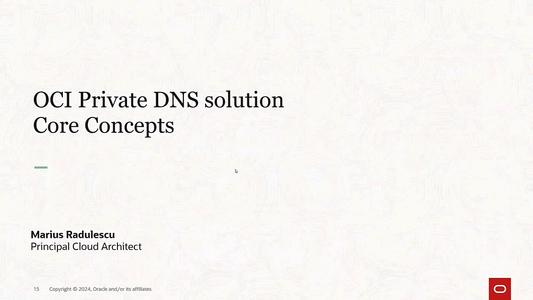It provides hostname resolution for applications running within the virtual cloud networks, between the VCNs, and your on-premise environment or any other private network. In upcoming slides, we'll explore the core concepts of the OCI private DNS and various scenarios where deploying private DNS can be a game changer for your work.